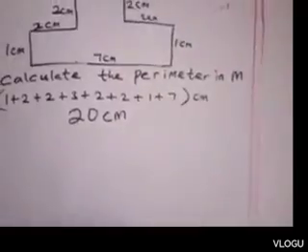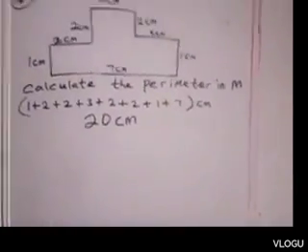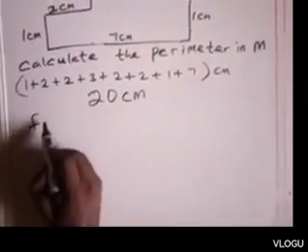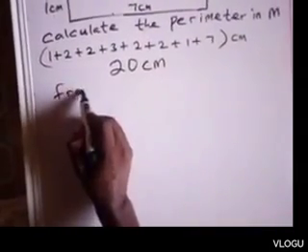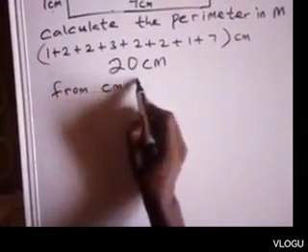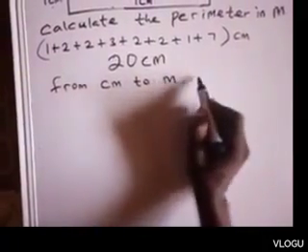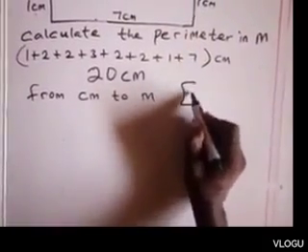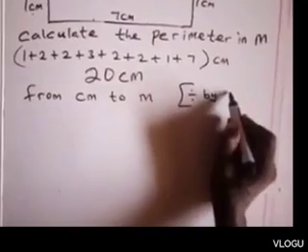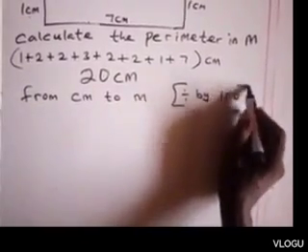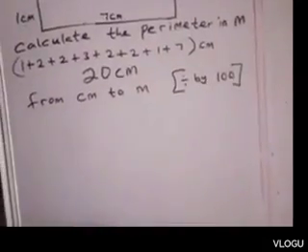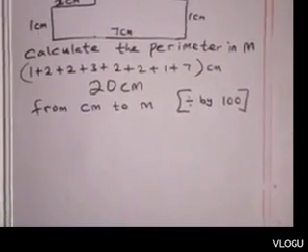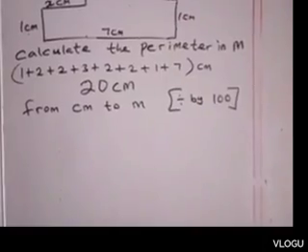So you have to be conversant with your conversion rate. If you are moving from centimeters to meters, you are going to do what? You simply divide by 100, because 100 centimeter makes 1 meter.